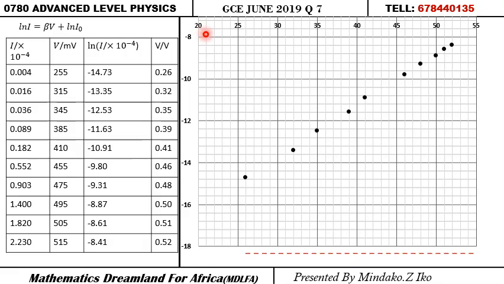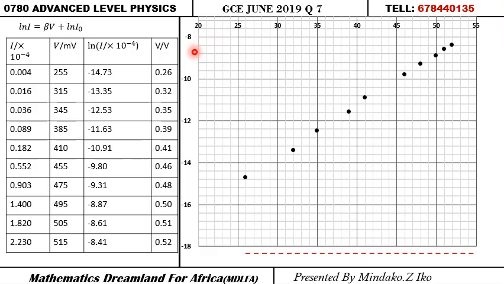Then you take 5 divided by the number of divisions between those two values. Between 25 and 20, how many divisions are there? So we have 1, 2, 3, 4, 5. So we have 5 divisions, or 5 boxes. So you take the 5 divided by that number of divisions, so that will give you 1. So it means that one small line or one small box is actually 1.